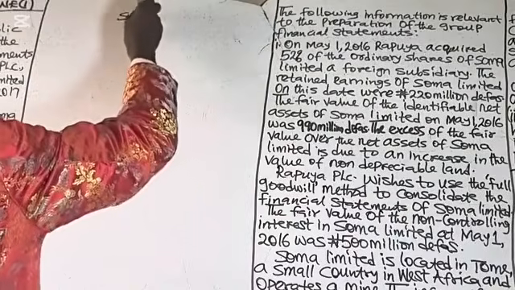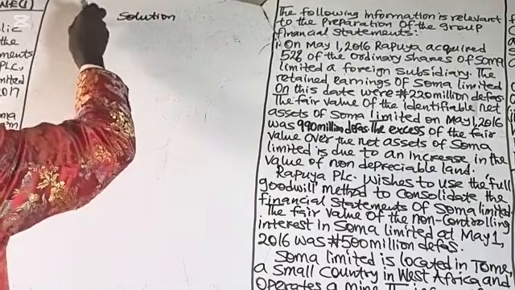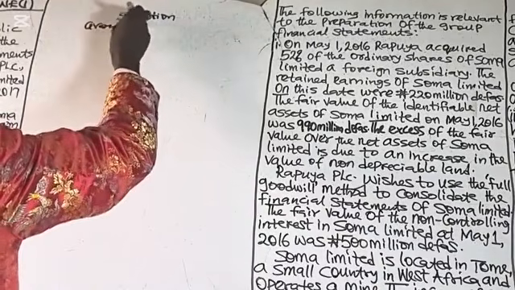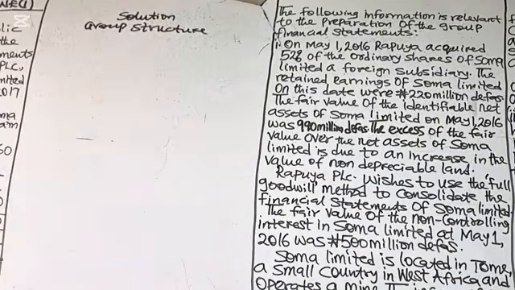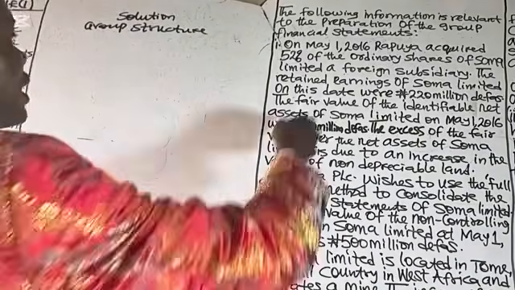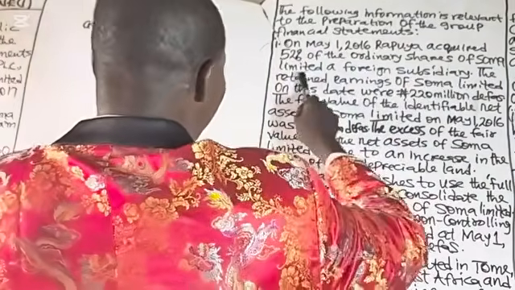Solution. I've told you the starting point is the group structure. You were told on May 1st, 2016, Rapuya acquired 52% of shares of Soma Limited.